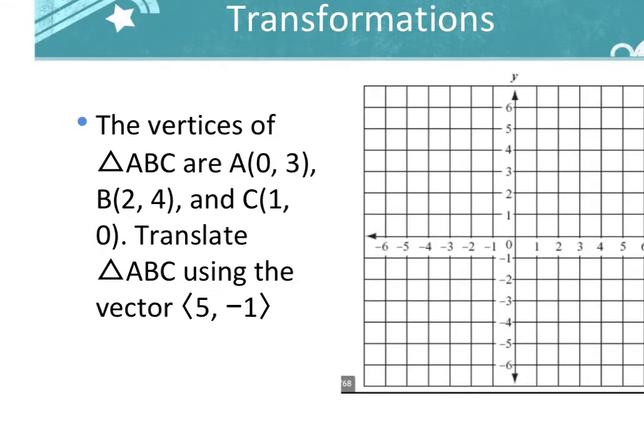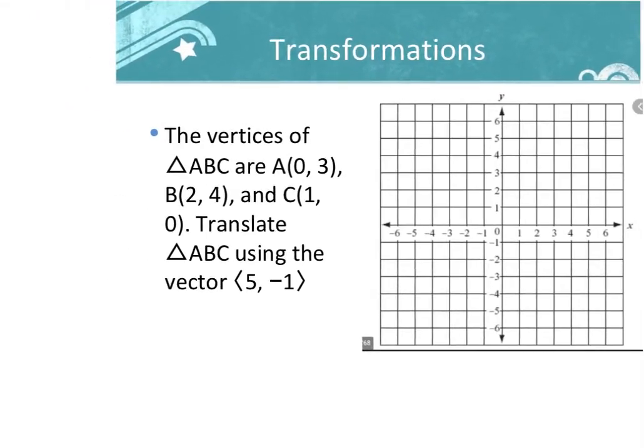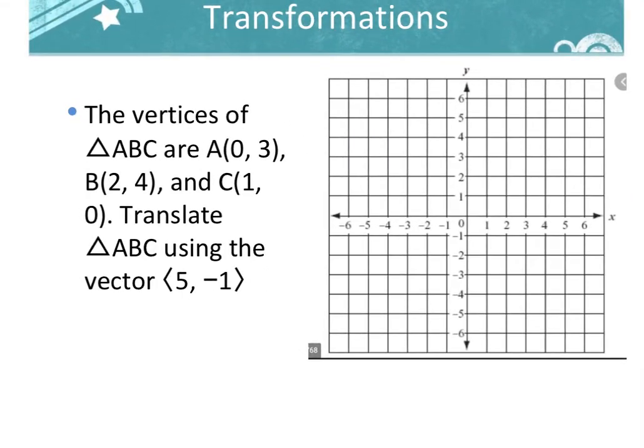All right, the vertices of ABC are A at 0, 3, B at 2, 4, and C at 1, 0. We're going to translate ABC using the vector 5, -1, okay? So let's go ahead and plot it. A is at 0, 3. That's A. B is at 2, 4. That's right up here. That's B. And C is at 1, 0.